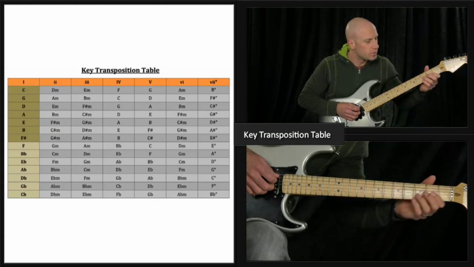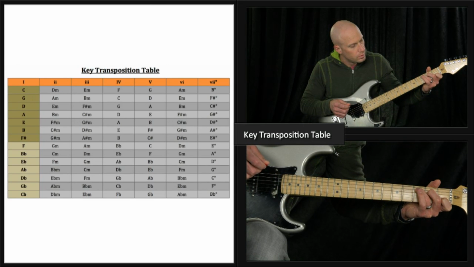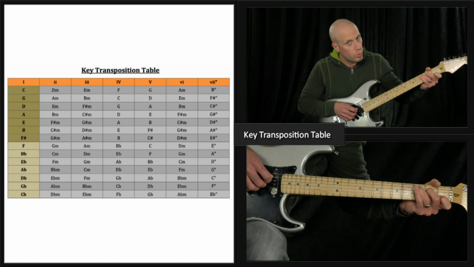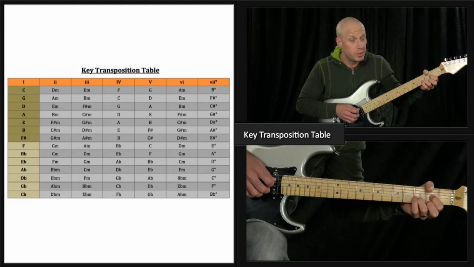That subtle change. So what we did is we did C, A minor, so major 1, minor 6, major 2.